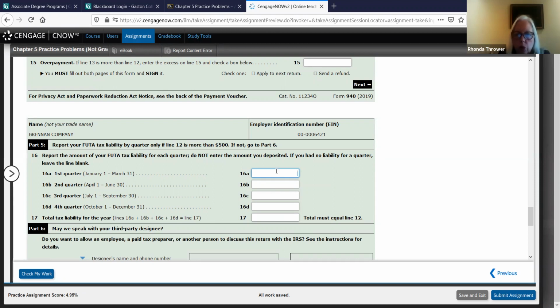And so for the first quarter, it's coming from the spreadsheet. The first quarter was $276. The second quarter was $159. The third quarter was $67.20. And the fourth quarter was $1.80.